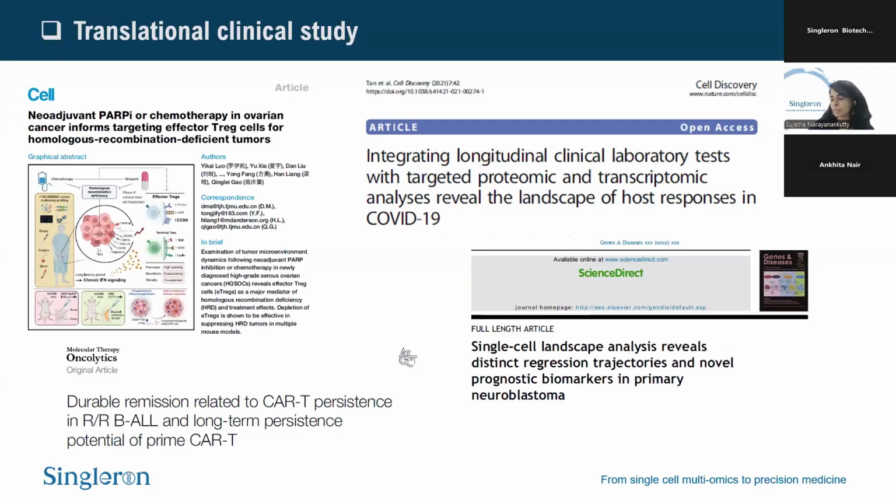So you need single cell work to do that, or just understanding the landscape of host responses in diseases such as COVID. So you can run longitudinal clinical tests using single cell work. So these are all translational clinical studies that showcase how you can use single cell, and give you ideas on how to think about using single cell in clinical applications.